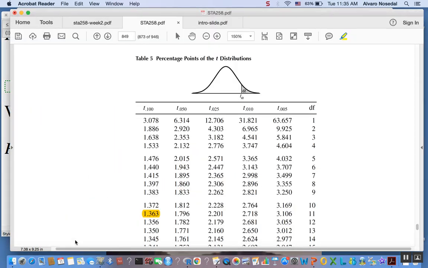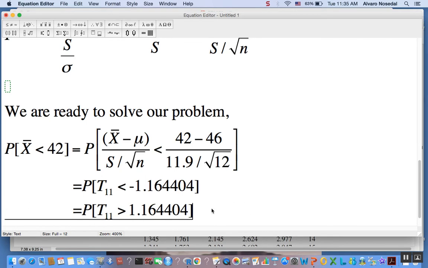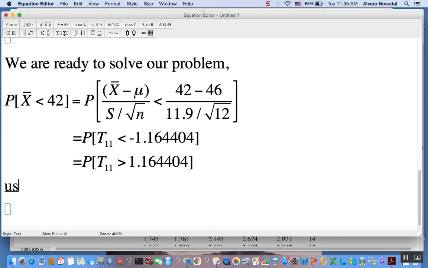So using our table, what we can say is that the probability you're interested in is greater than 10%. It's greater than 0.10. Make sense? So let me just say that.